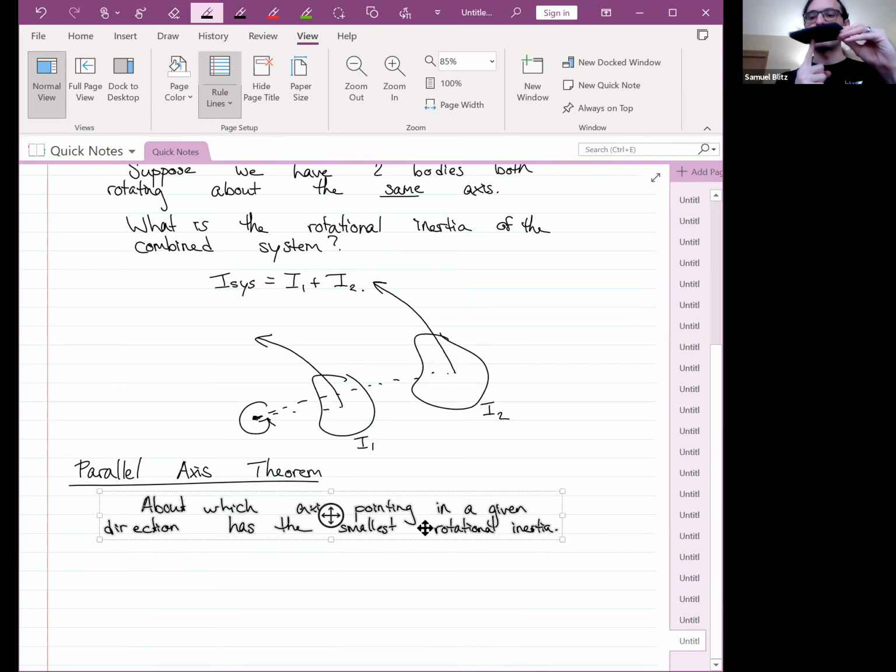Is it an axis in the middle? Is it an axis over here? In principle, that's something you can ask. We know that the answer is the center of mass. We know that the rotational inertia is different depending on where the axis is, and so there, in principle, should be a place where the rotational inertia is smallest.